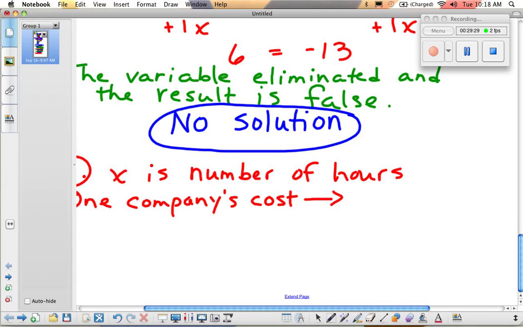What algebraic expression could we use to represent charging $376 plus $12 per hour? Jacob? 376 plus 12x. Thank goodness they only charged the 376 one time, and then $12 for every hour of painting.